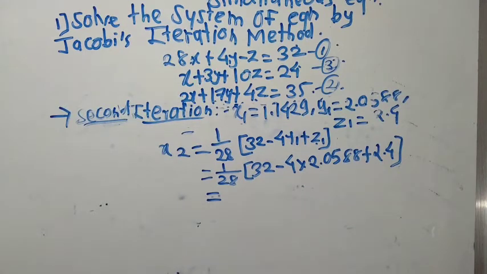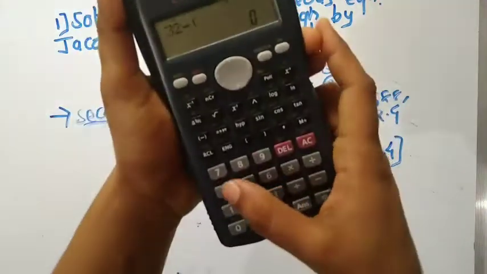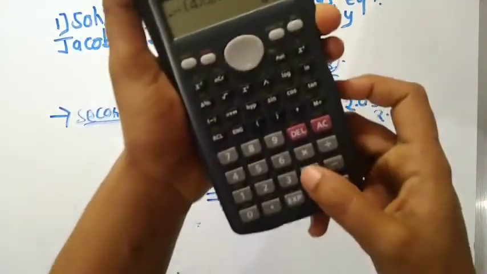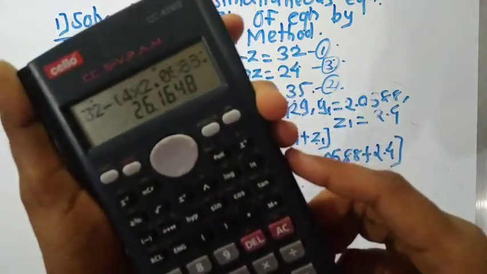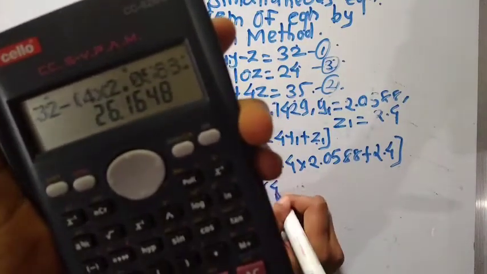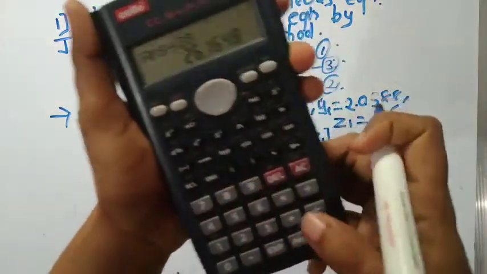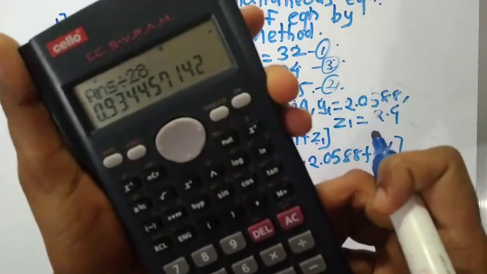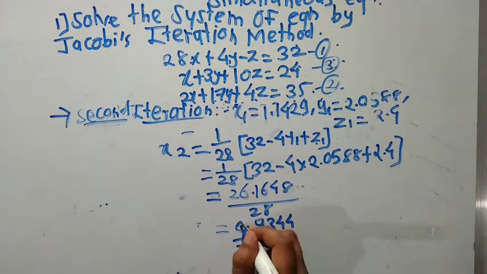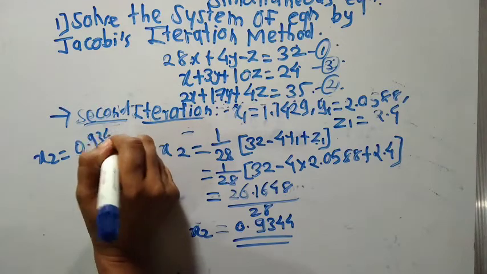So find out x2. 32 minus 4 into 2.0588 plus 2.4, which is equal to 26.1648 divided by 28, which is equal to 0.9344. So x2 is equal to 0.9344.